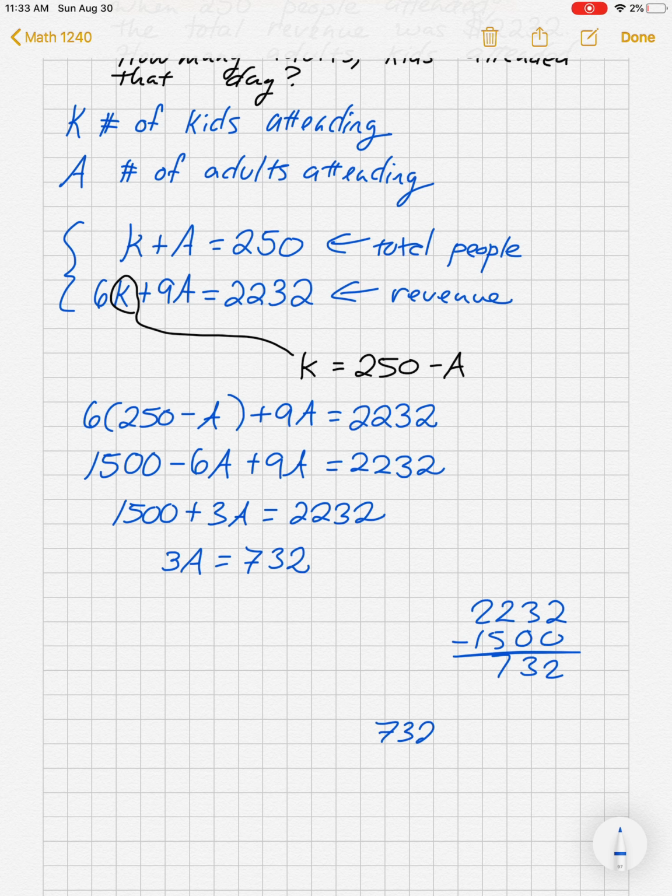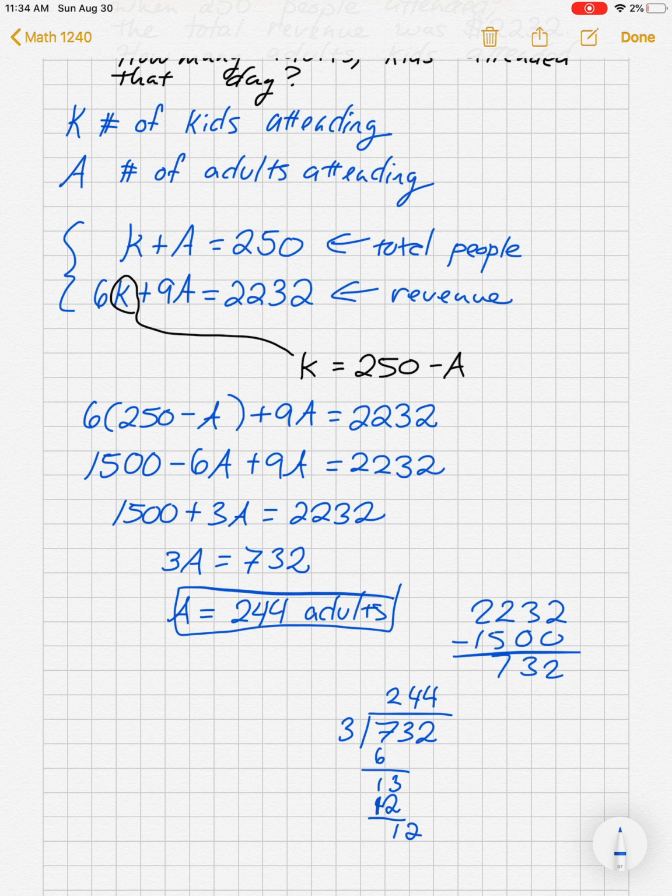Divide by 3. 244. So 244 adults. And let's see.